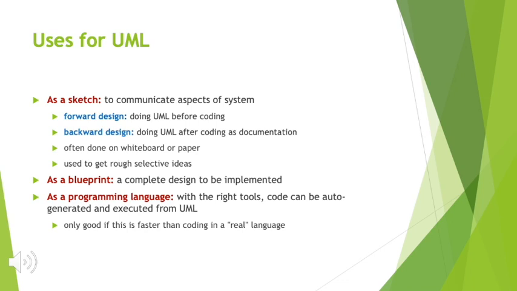It's either forward design or backward design. Forward design is you sketch UML first before coding. For backward design, you sketch the UML after coding, where you keep the UML sketch as documentation.